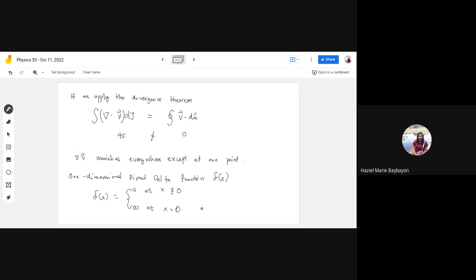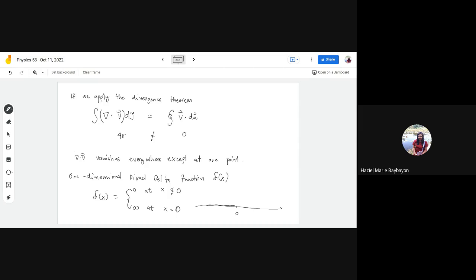Okay, so for example, on the x-axis, if you have the Dirac delta function, this one is your 0, the origin. At x equals 0, its value is infinite, and otherwise, it is 0.